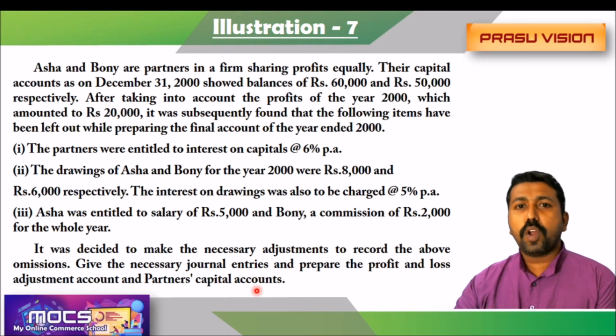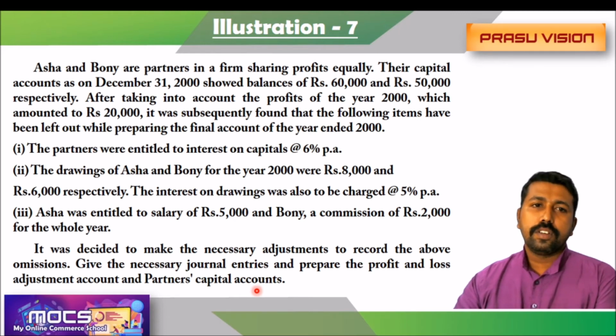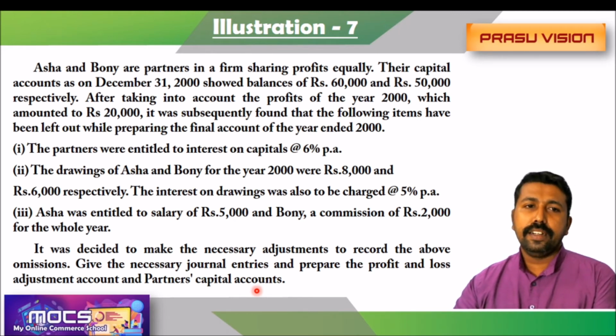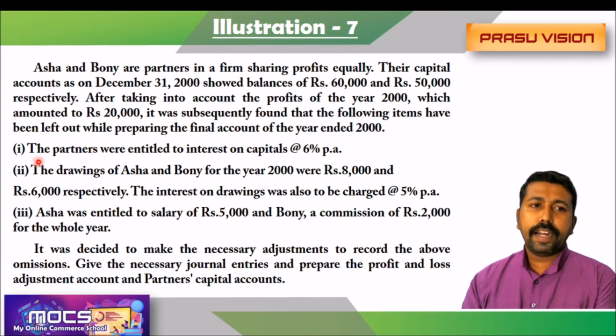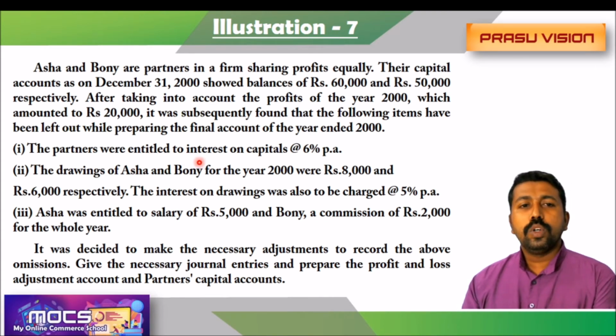After taking into account the profit of the year 2000, which amounted to rupees 20,000, it was subsequently found that the following items have been left out. The profit is shared equally, but they didn't take into account the following items. The partners were entitled to interest on capital at 6% per annum. Interest on capital is not taken.